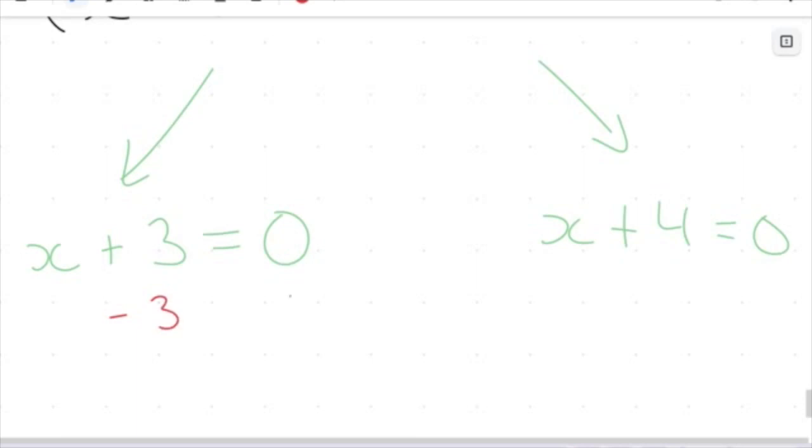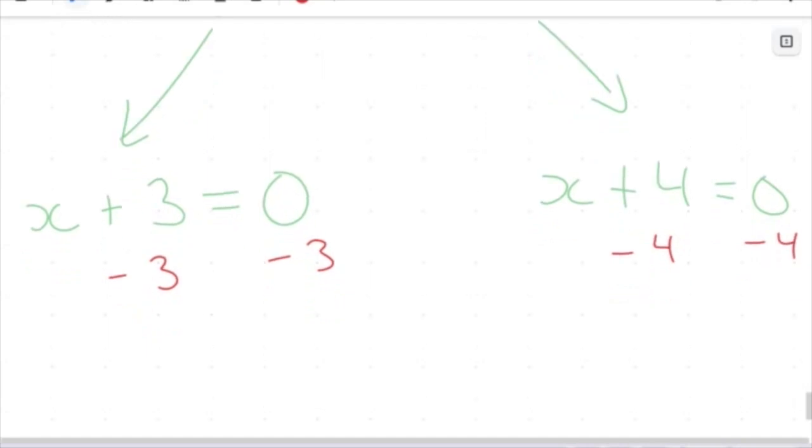So I'm going to solve each of these equations, subtracting 3 from both sides here, subtracting 4 from both sides here. And I'm left with x on its own equaling -3 and x equaling -4 here. So these are the two solutions to my quadratic equation.